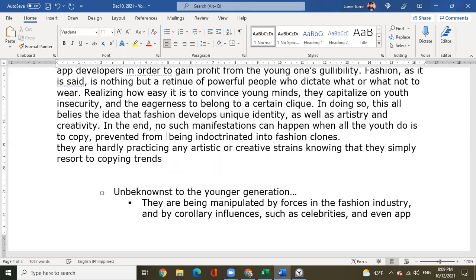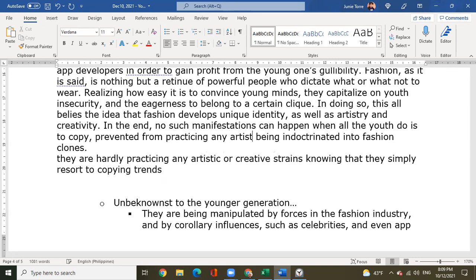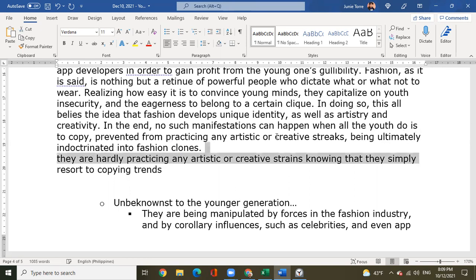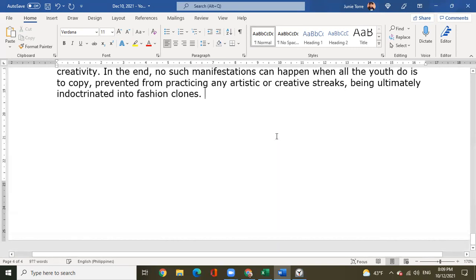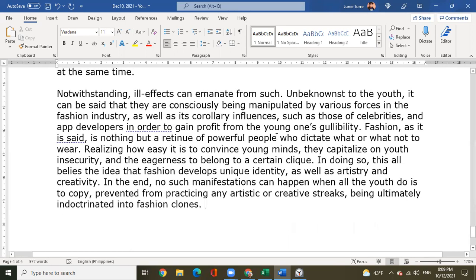Prevented from practicing any artistic or creative streaks that should have been, being here ultimately indoctrinated into fashion clones. That's another way of looking at it, guys. There, all of those ill effects.